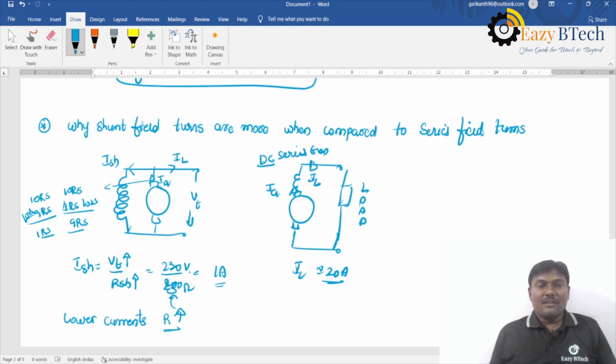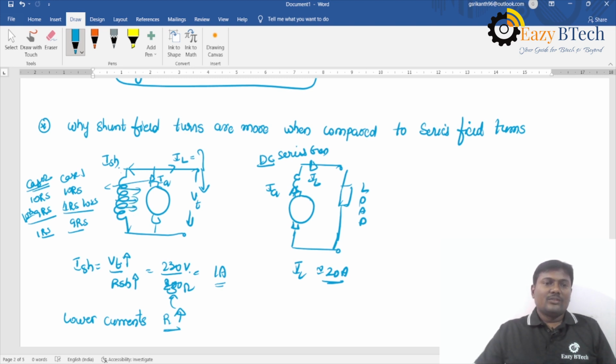So which one is the best? My dear friends, tell me. So case 1 is best and case 2 is worst. And most of the current passes through the load terminals only. Only a part of the current is divided and flows through the field winding, which will produce the required flux.